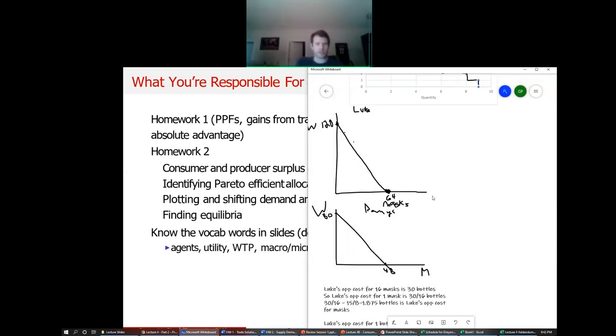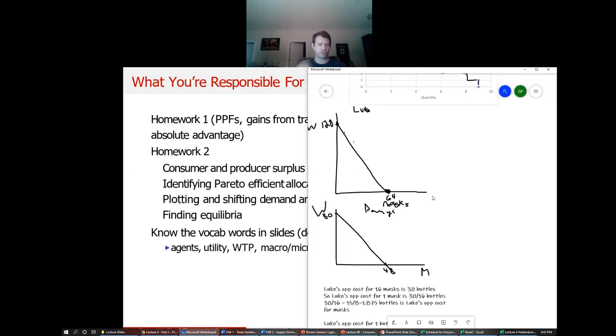They're fixed production patterns, 16 masks, 30 bottles per hour or whatever. They're not changing. They're not dependent on the underlying production patterns of the country where the resources matter or the supply chain matters, because trade is really complicated. It's a really complicated topic.